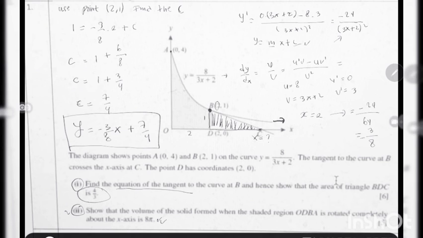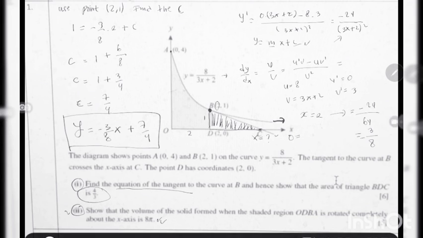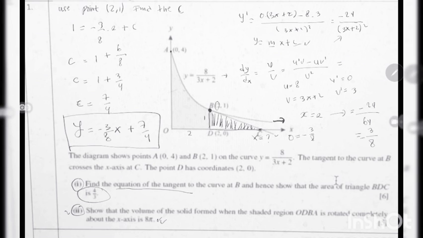So to find x, this line is y equals negative 3 over 8x plus 7 over 4, and you put in y equals 0 in this equation, so you can get what x is. So when you put y equals 0, 0 equals negative 3 over 8x plus 7 over 4.